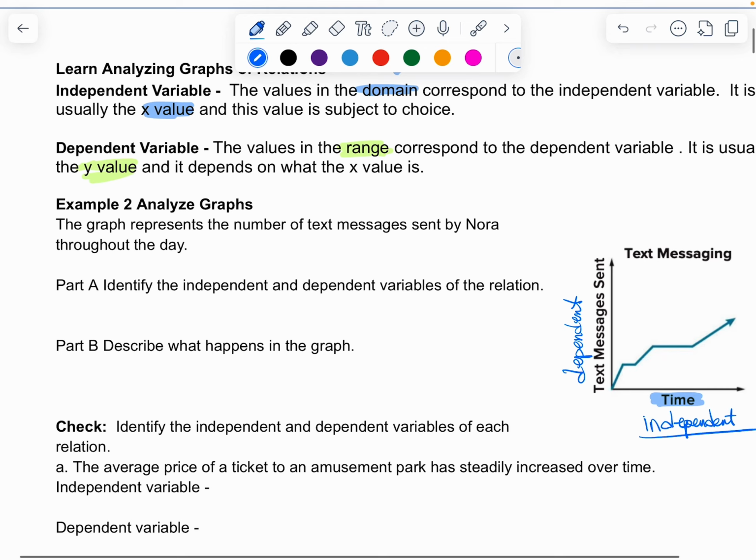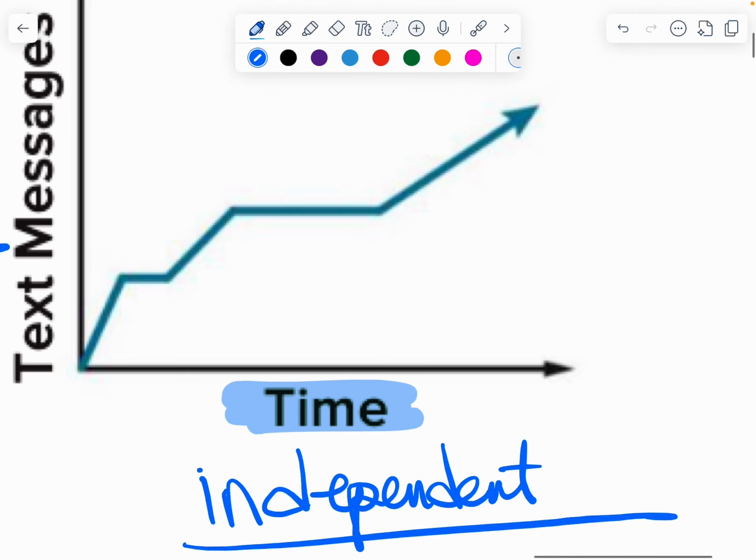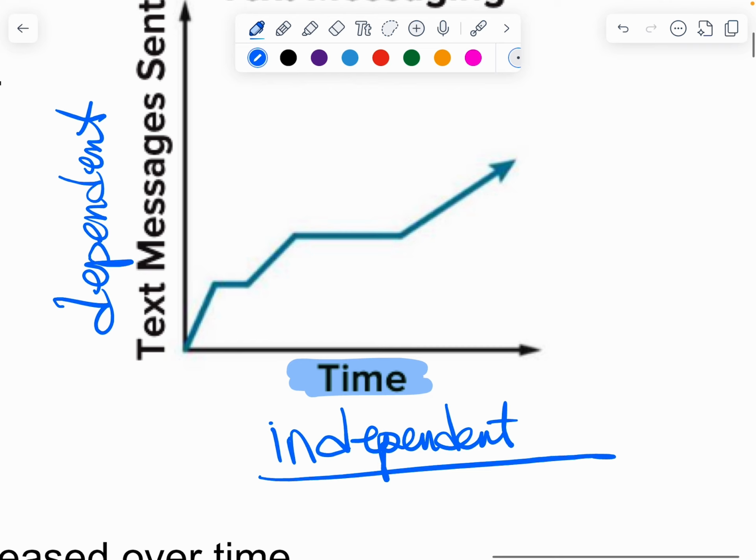Over here, it says the graph represents the number of text messages sent to Nora throughout the day. Identify the independent and the dependent variables of the relation. Already did that. Describe what happens in the graph. If I do this part, that means that as the time is going, the text messages sent would be a lot.